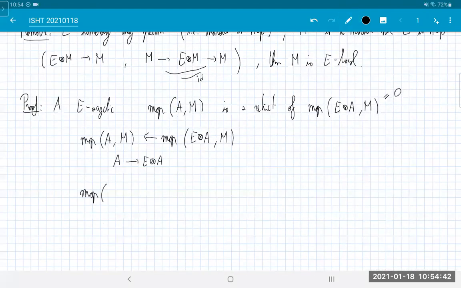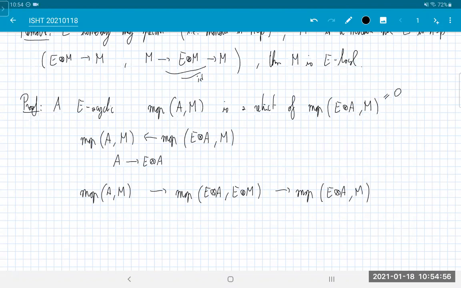You have a map from A to M. You go to a map from E tensor A to E tensor M, and now you multiply on M, of course. And the composition of these two guys is the identity. And so, where mu is this multiplication map.